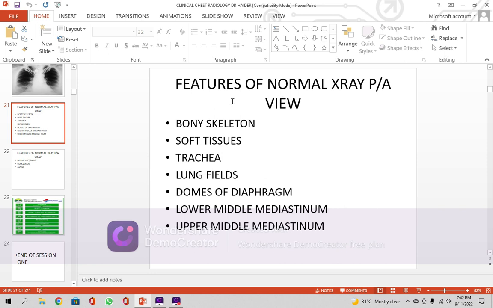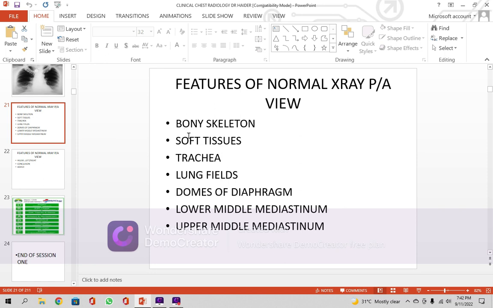First of all, you have to label the X-ray normal. You have to read a normal X-ray, then abnormality will be added to it. So differentiate between the normal X-ray chest and the abnormal X-ray chest. One should have enough knowledge to label the X-ray as a normal chest X-ray.